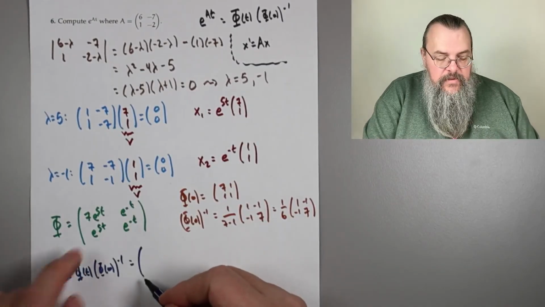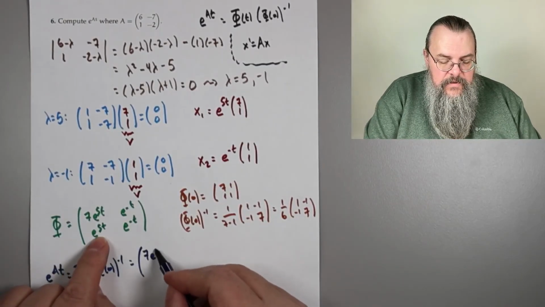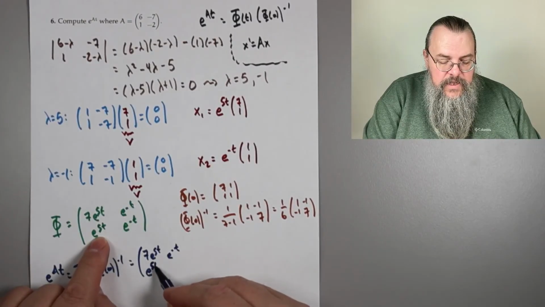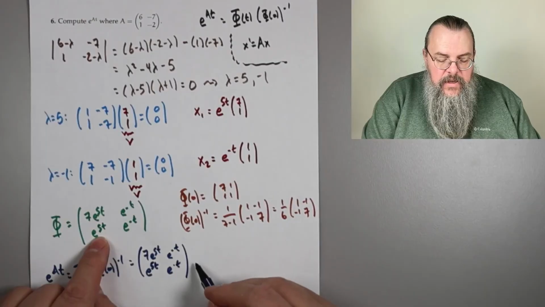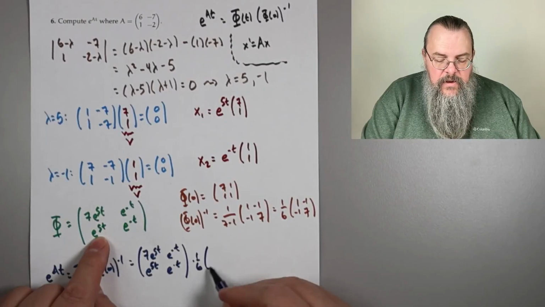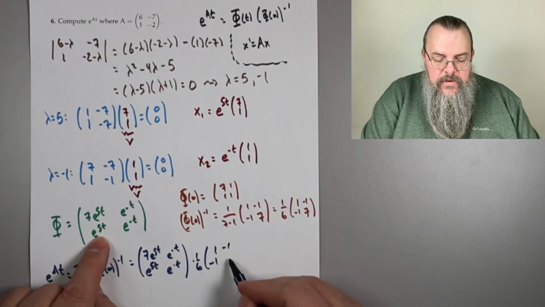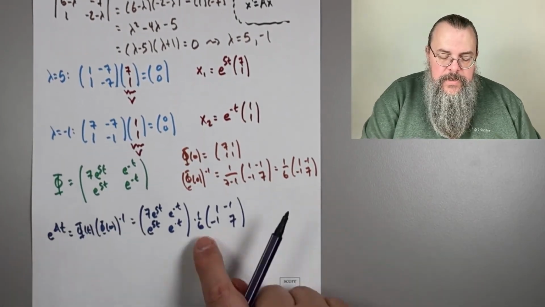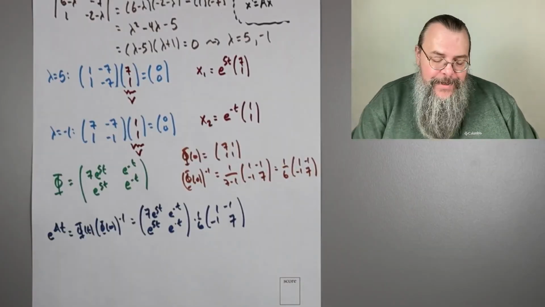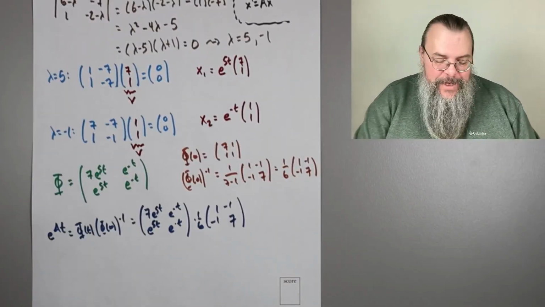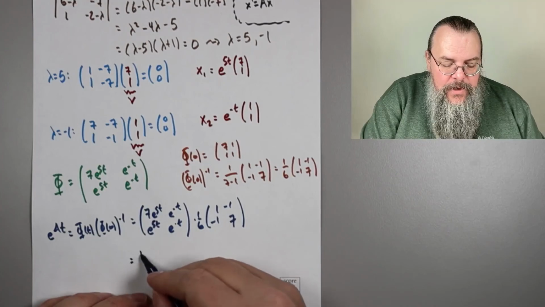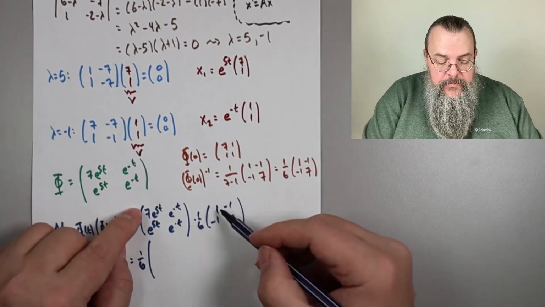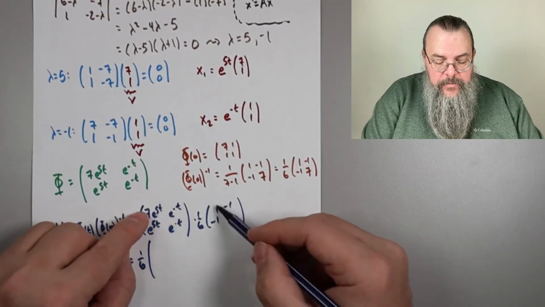We copy the pieces down: 7 e to the 5t, e to the minus t, e to the 5t, e to the minus t, times 1 sixth times 1, minus 1, minus 1, 7. The 1 sixth we can leave outside. That's a scalar. But we really need to do the matrix multiplication. We're going to practice matrix multiplication.